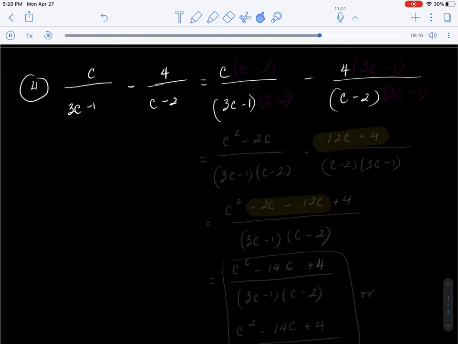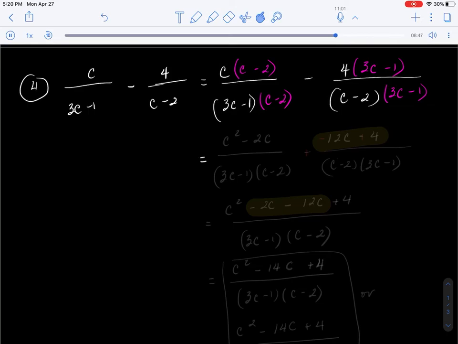When you see problems like this, all you need to do is multiply each other, meaning I multiply by c minus 2 and here I multiply that by 3c minus 1. Remember, what we do on the top we do on the bottom. Let's simplify this a little bit.